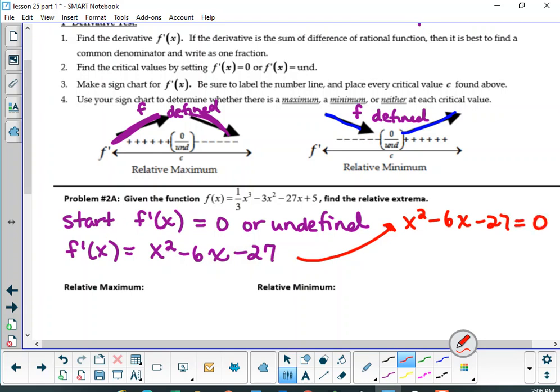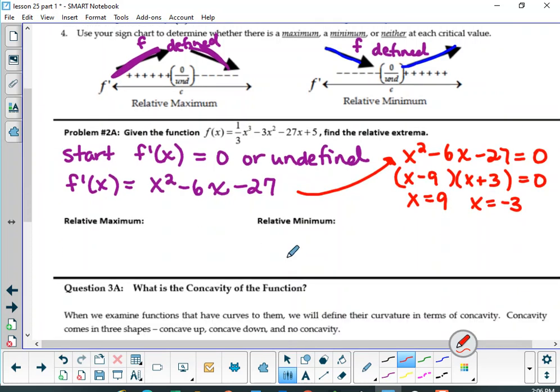Typically if you're being expected to do factoring to generate critical values, it's going to be something that factors pretty nicely. Minimum effort. So, critical values, places where f prime equals 0, are at 9 and negative 3.